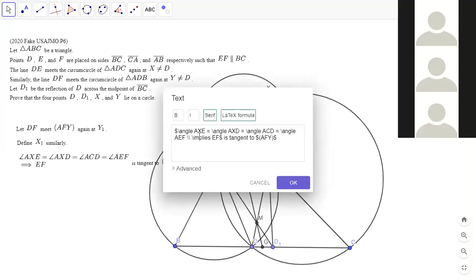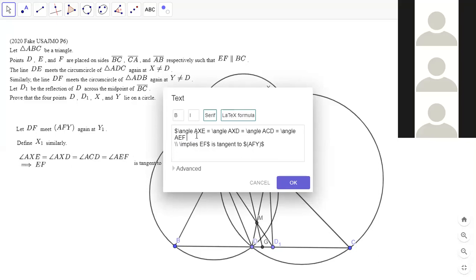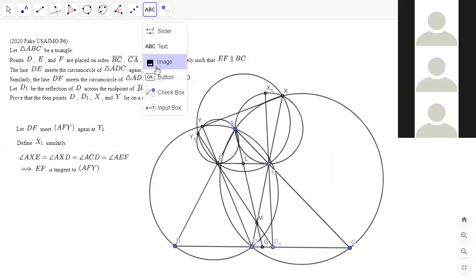See if that works. Then similarly, EF is tangent to AFX or AEX.